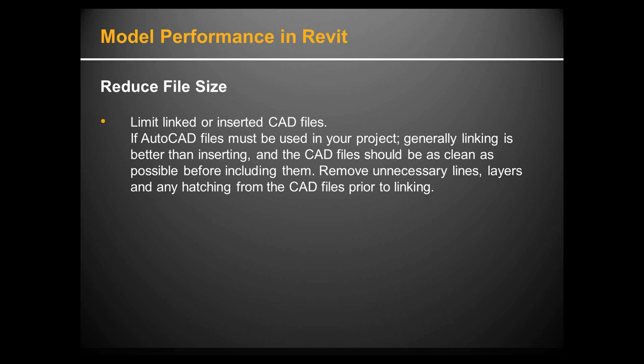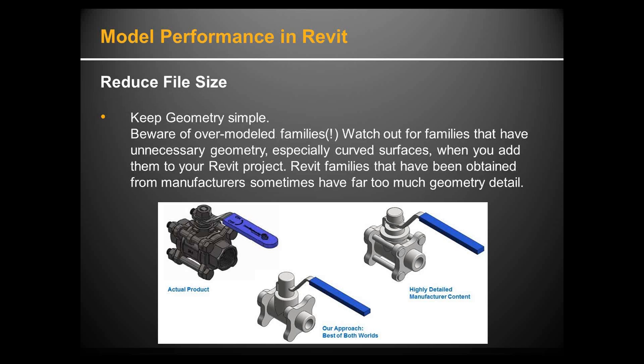So turn off layers that you don't need, purge elements and things like that you may not need, turn off or get rid of hatching that you don't need for the linked file, so that you make the CAD file as lightweight as possible in the background. And then as soon as you've created your Revit walls from the CAD file or traced things over or whatever it may be, just get rid of the CAD file from the whole situation. Hopefully that answers the question.